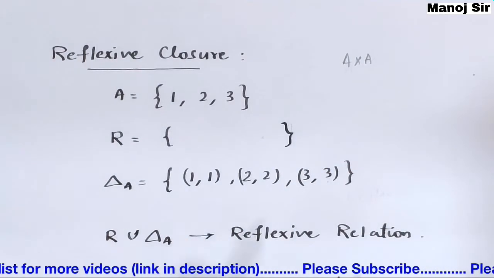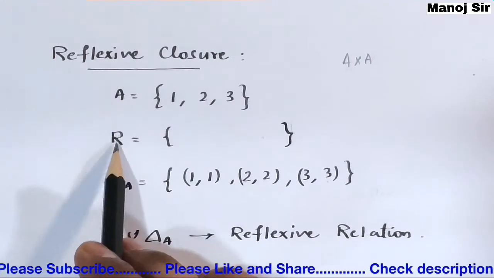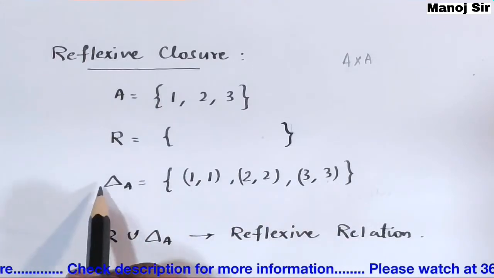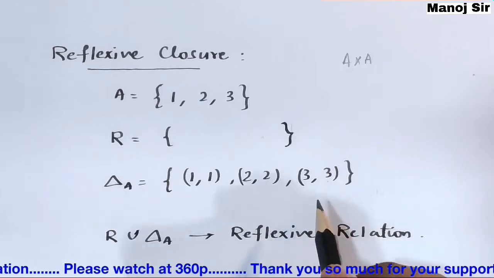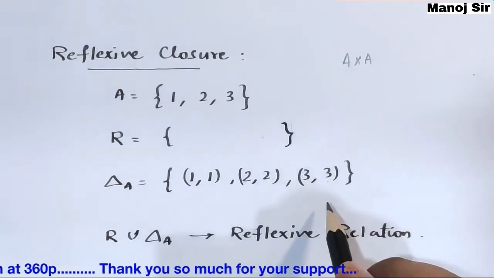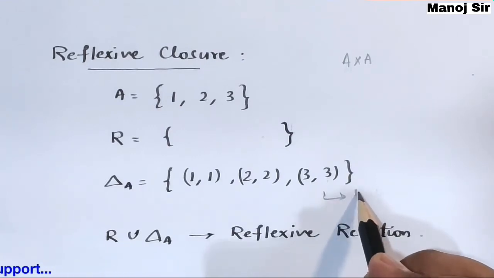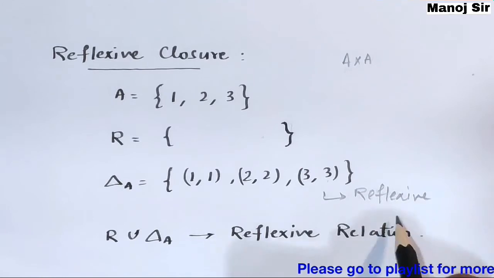So the resultant relation that we'll get after the union operation is reflexive relation, and this delta A, that is the diagonal pairs, this set of pairs is known as the set of reflexive closure.